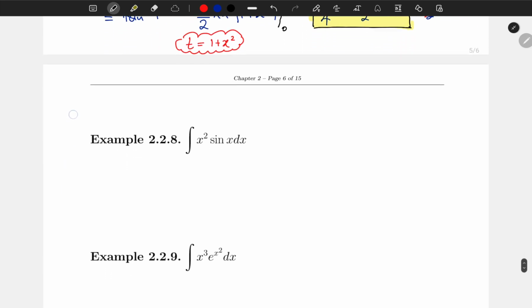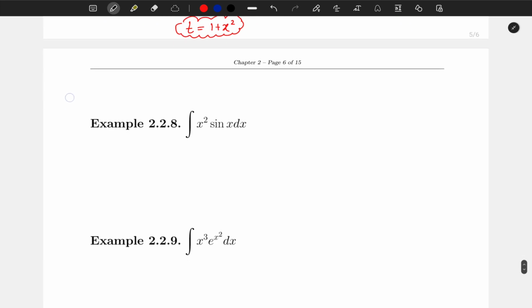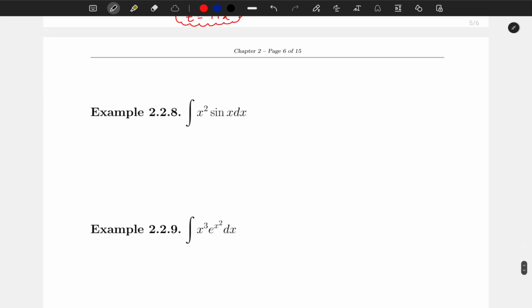So let's go to the next example on the next page. Now this is an example where you will have to use integration by parts multiple times.